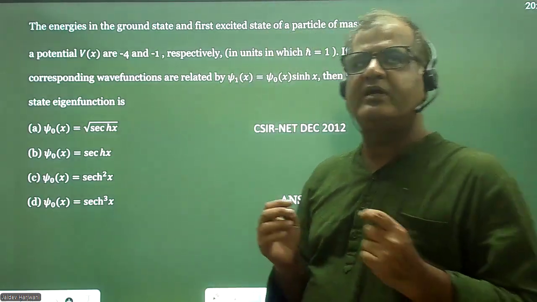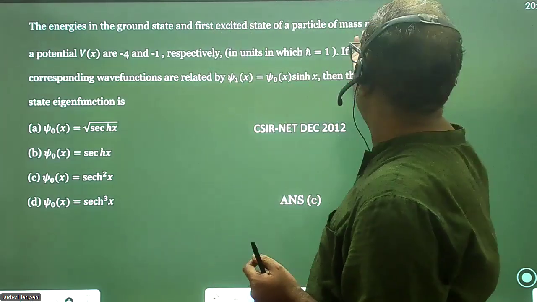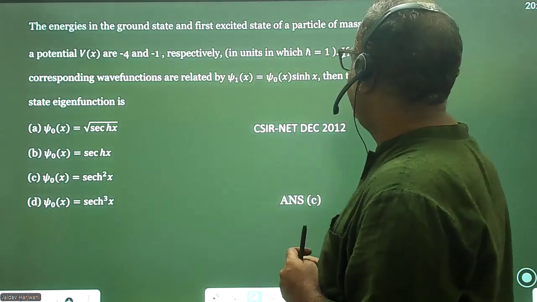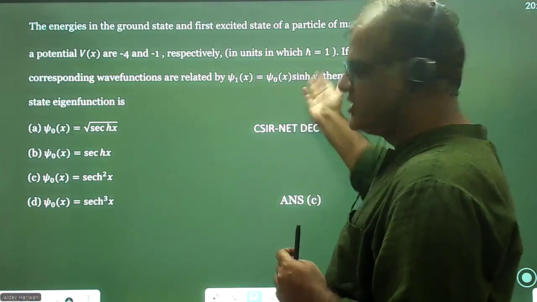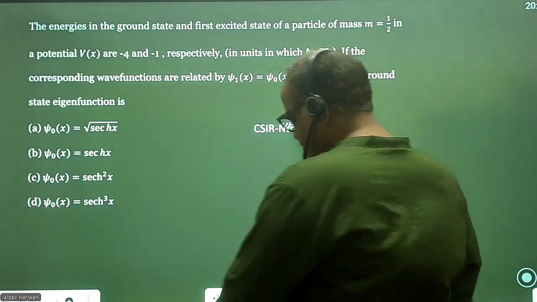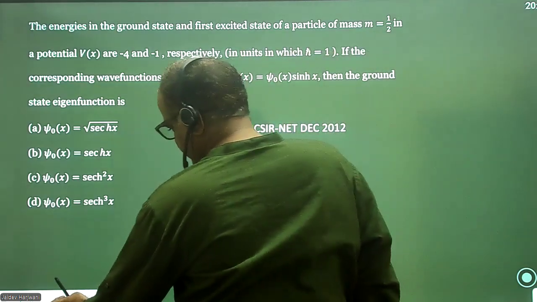So you have been given the eigenvalues, and you have been given m. You have to take h cut as 1, m as half, and the first excited state wave function is given. So we can use the Schrodinger equation to find the solution.